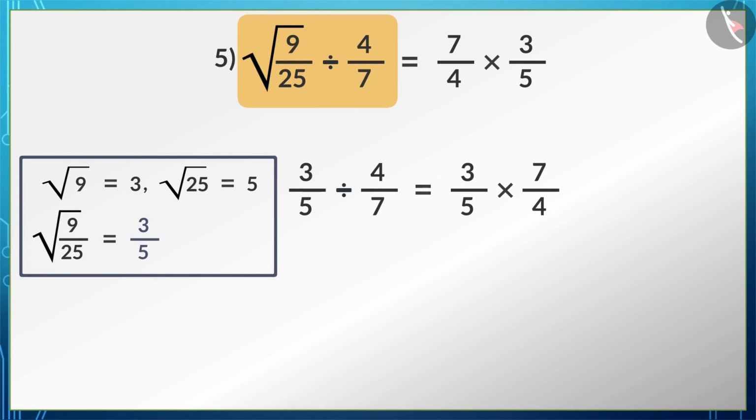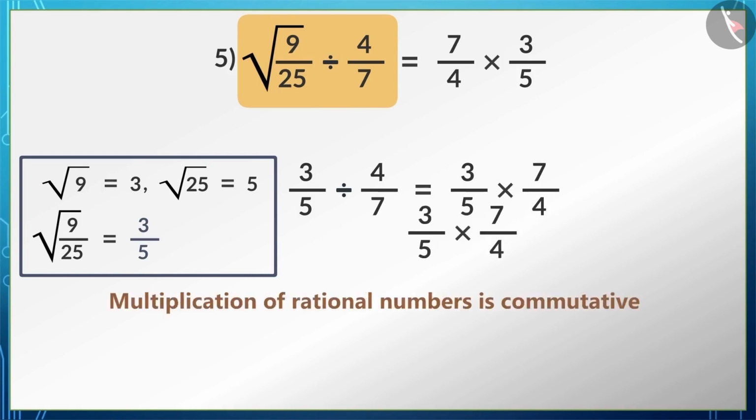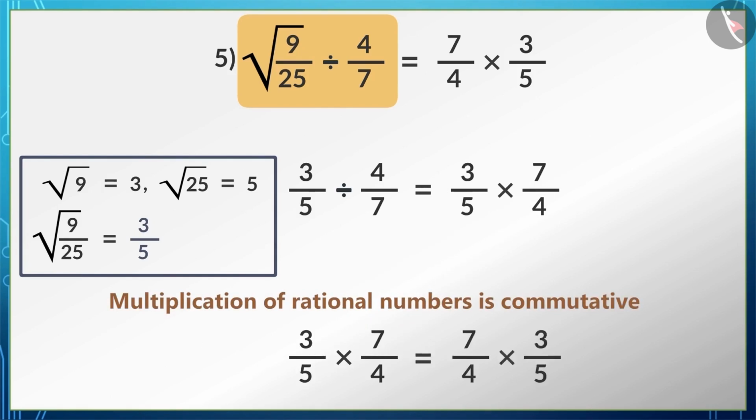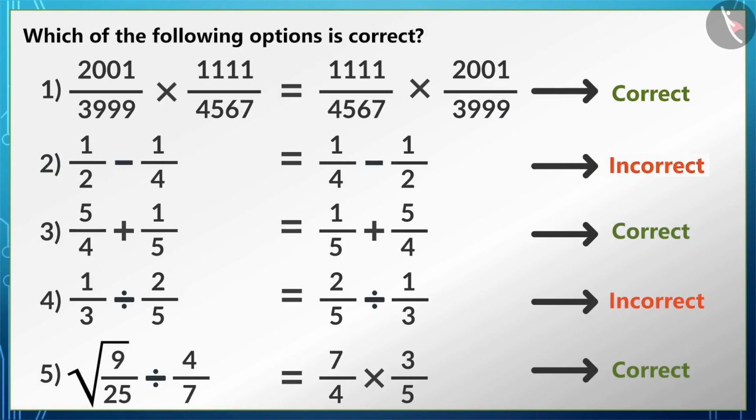We know that the multiplication of rational numbers is commutative. So we can also write 3 by 5 multiplied by 7 by 4 as 7 by 4 multiplied by 3 by 5. Because changing the order will not change the answer. We can see that in our option, LHS is equal to RHS. That is, the last option is correct.